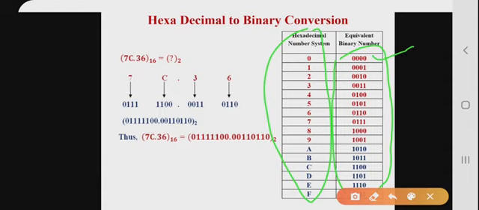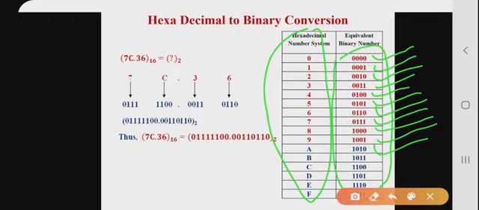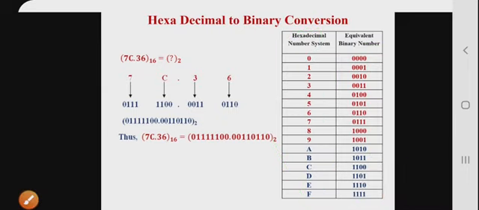After 0, 1, 10, 11, 100, 101, 110, 111, after that 1000, 1001, 1010, 1011, 1100, 1101, 1110, and the last is 1111.